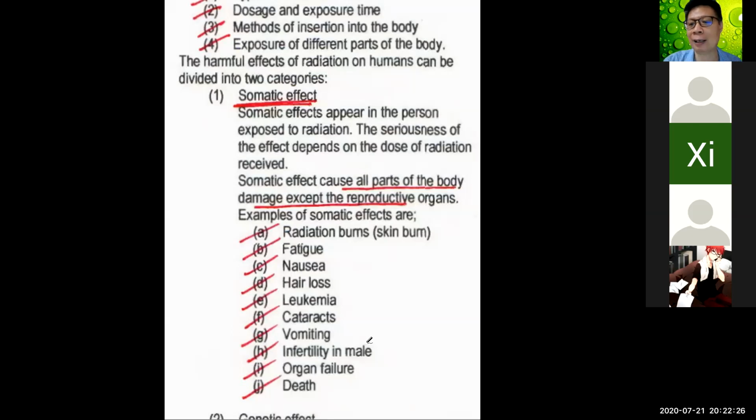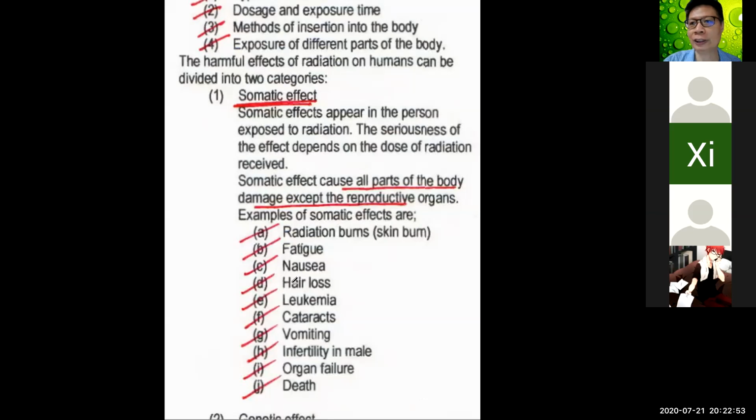So men, after this lesson, you go and order this shorts to protect, Tai Hoa Kai, remember. Organ failure means your heart, your lung, your brain are not functioning properly, and death. All these are somatic effects caused by radiation.